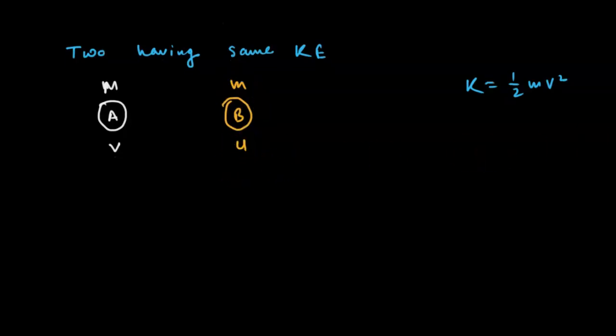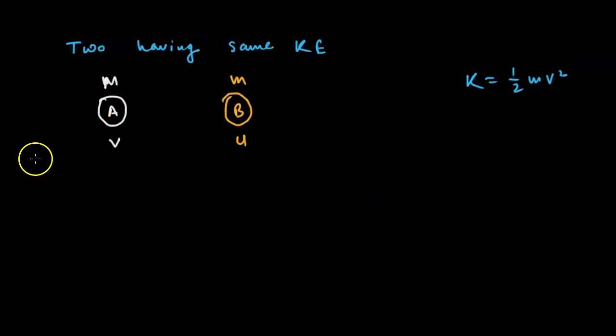So again we can write the momentum of this body, P, because here the momentum is not same, the kinetic energy is same. So we can write P is equal to root over 2mE. E we are taking same because the kinetic energy is same. This is case 2.